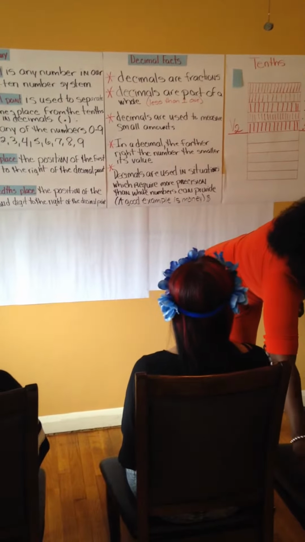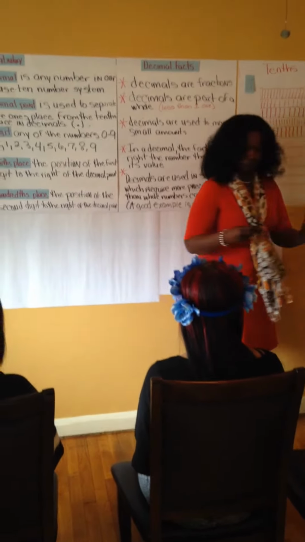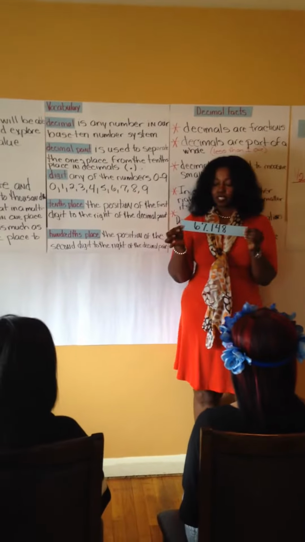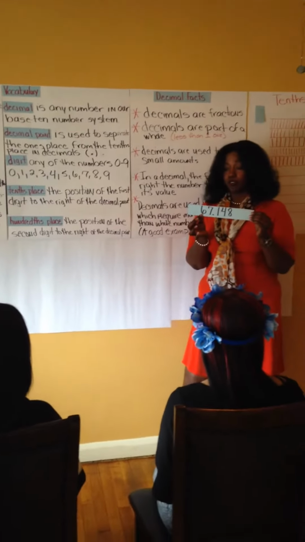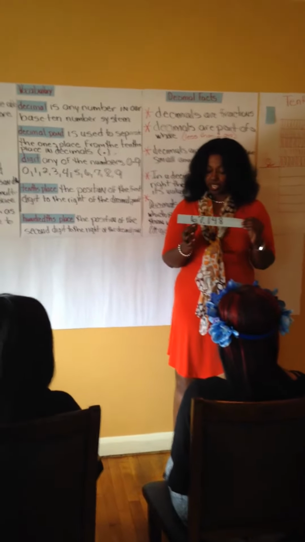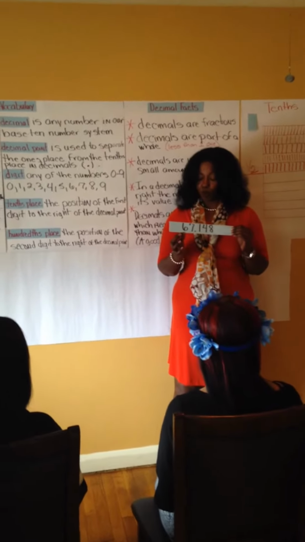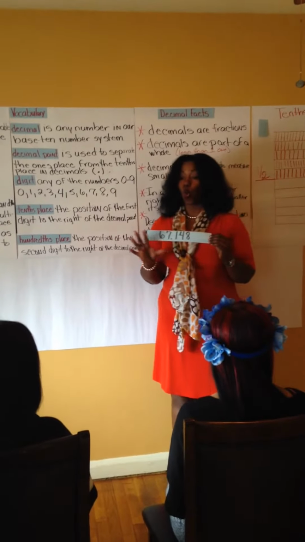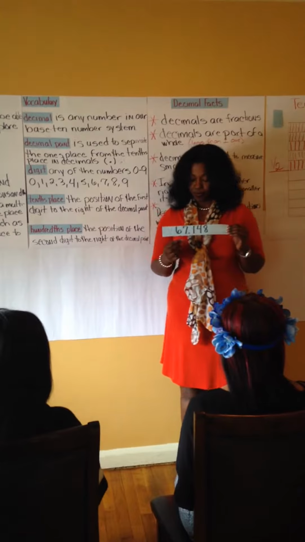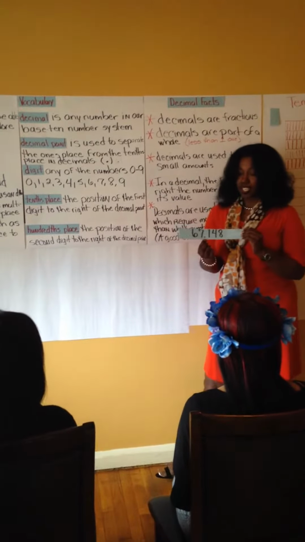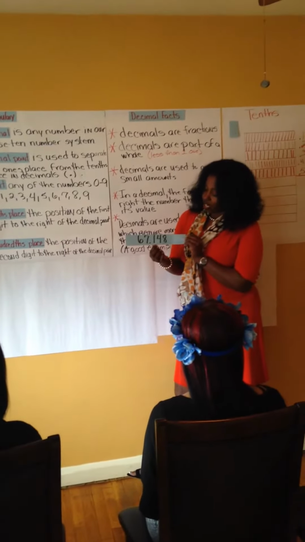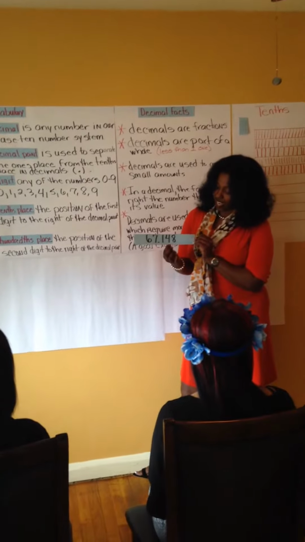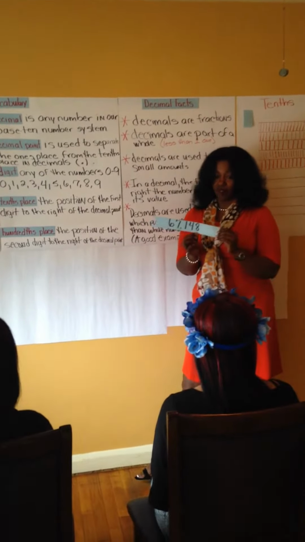Okay, let's look at a bigger number. Remember, we know from earlier grades that anything before the decimal is considered a whole number. So we know 67 and 148 thousandths.